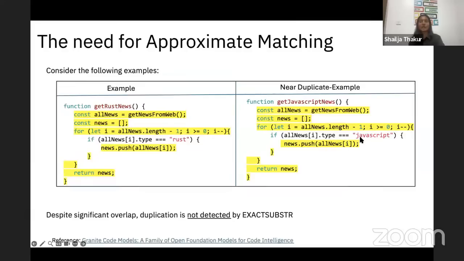But other than this line, the logic is exactly similar. So they are duplicates, but the exact substring method will not be able to identify this. Why? Because of the differences in the identifiers, names, or variables that you will be using in different instances of your same logic. So how can we identify such duplicates where there is a significant overlap, but they won't be caught by the exact substring method?